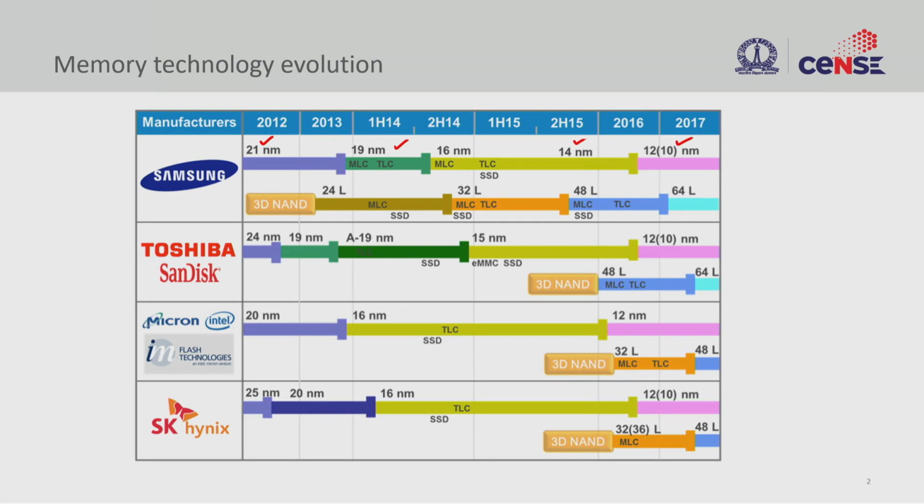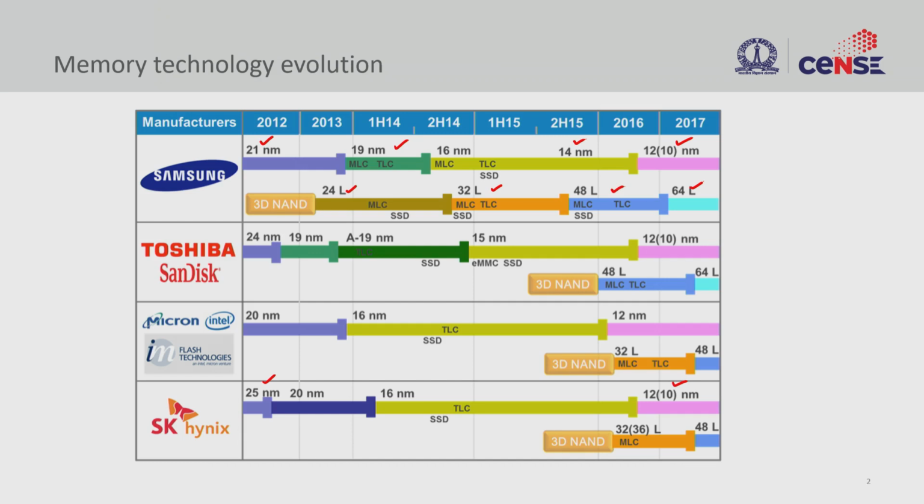So irrespective of the manufacturer, you have to reduce the size, and when you reduce the size, you increase the number of transistors, and you have to also increase the number of layers required in order to achieve those connections and so on. So in this case, 3D NAND technology requires a large number of interconnect layers.